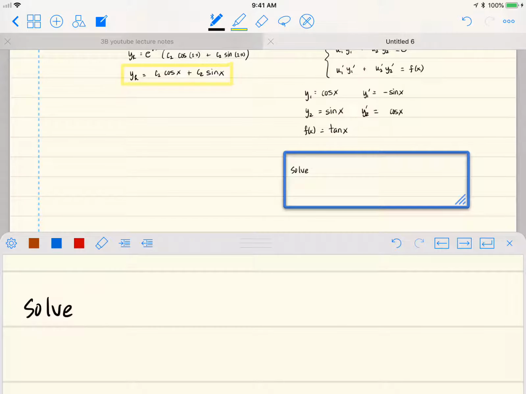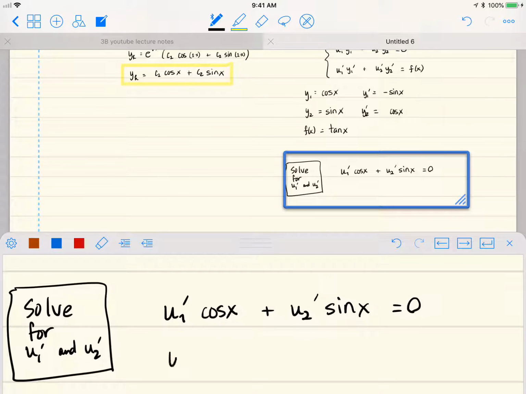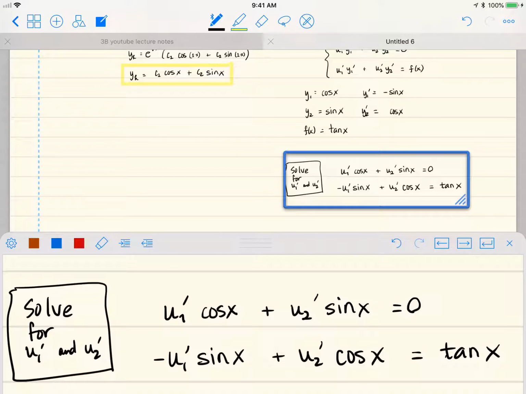So we need to solve u1 prime times y1, which is cosine x, plus u2 prime sine x equals 0, and then negative u1 prime sine x plus u2 prime cosine x equals tan x. So this is our system.